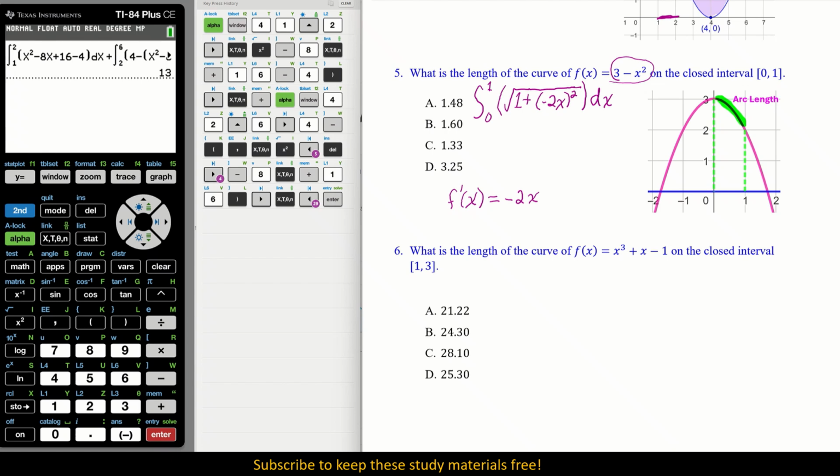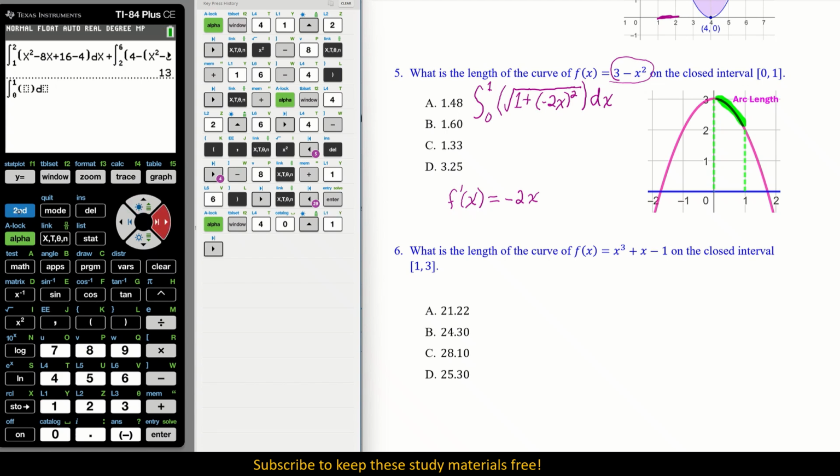Okay, so let's do that by second window, number 4, and we are going from 0 to 1, 0 up to 1, and we go over.